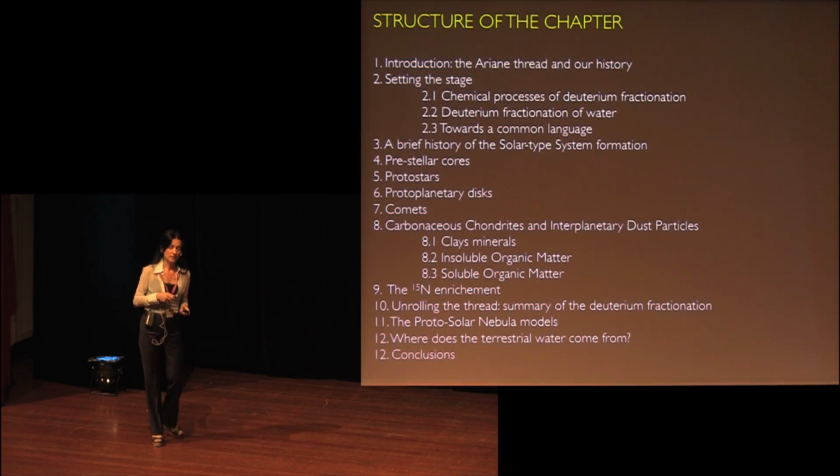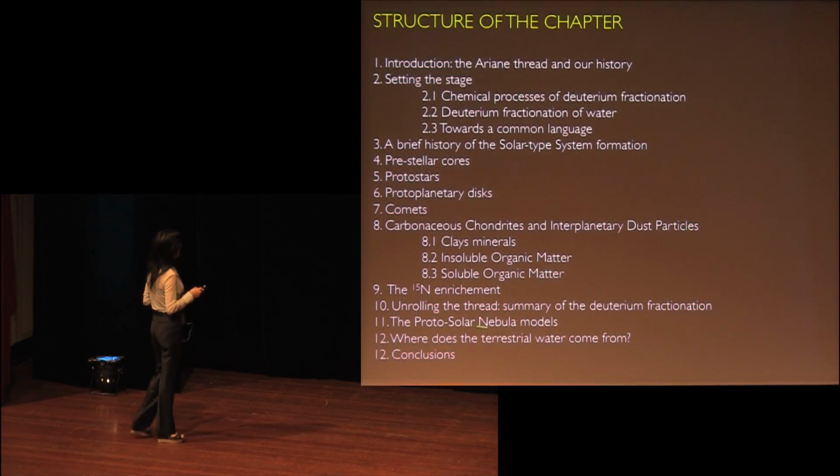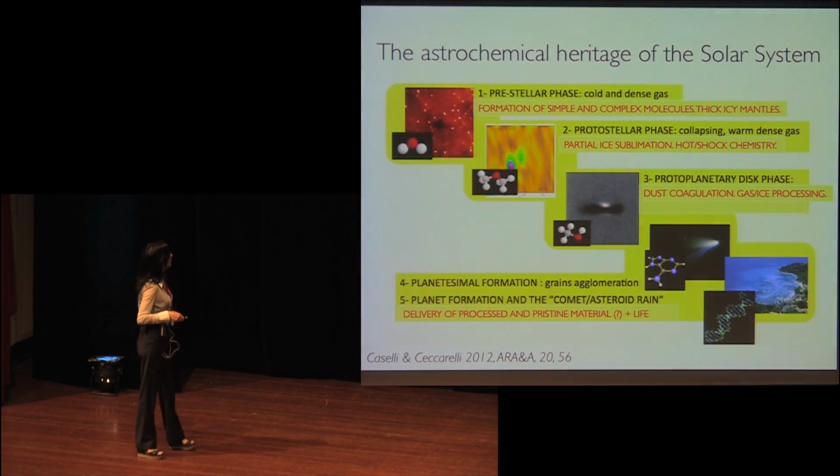We will write about 15N, but not talk about it today, there is no time. And then finally, we will make some summaries and talk about the solar nebula models.